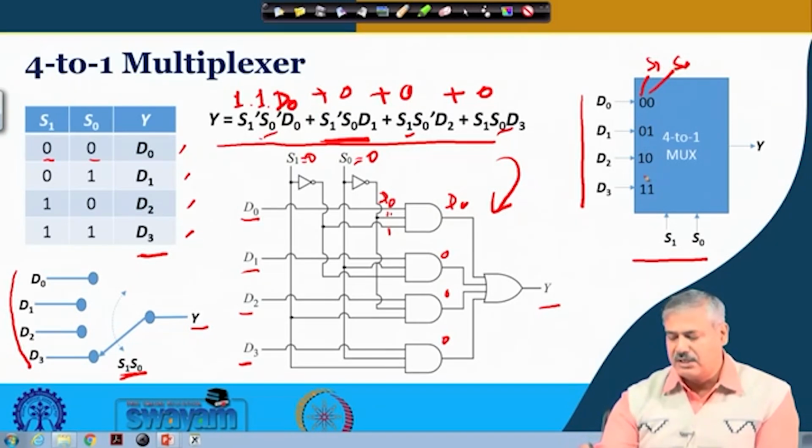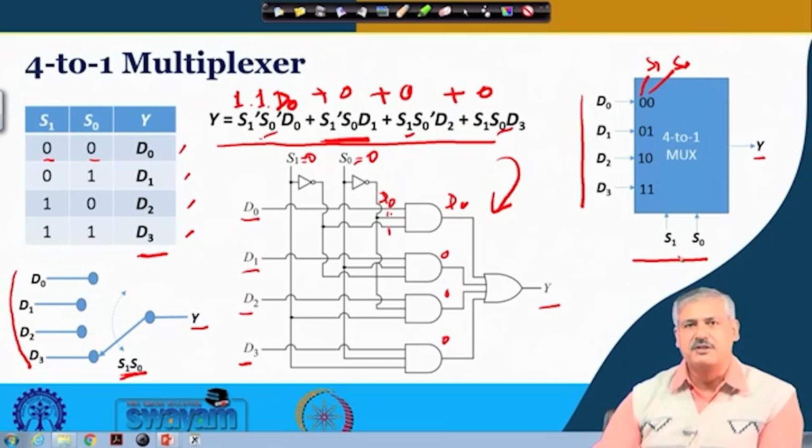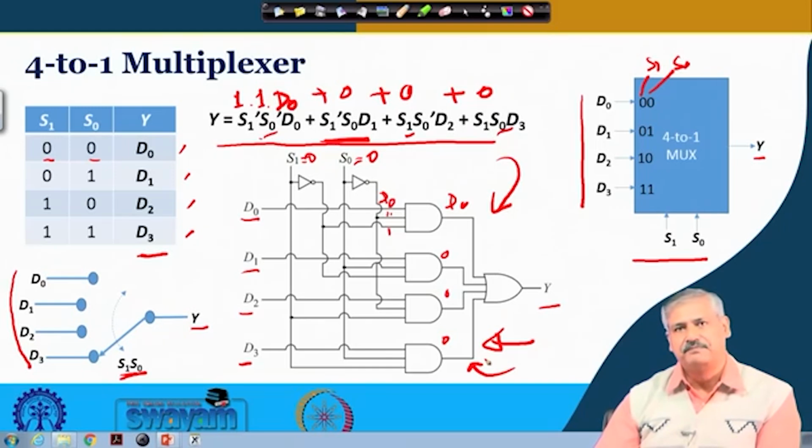So 00, 01, 10, 11, and corresponding inputs are assigned here, and this is getting connected to Y depending on the S1 and S0 value. So what is there inside this block? This hardware is there. Okay, this particular logic circuit is there, right. So when we use this as a block, we know that inside this is the logic circuit that is there. Clear?